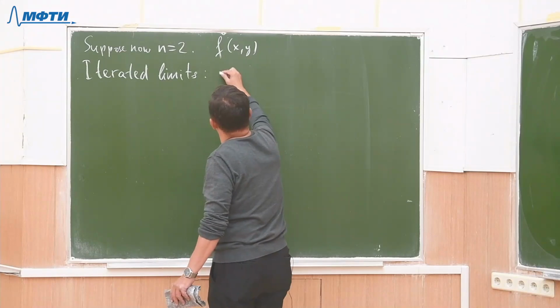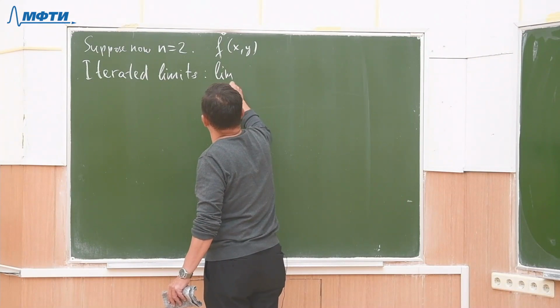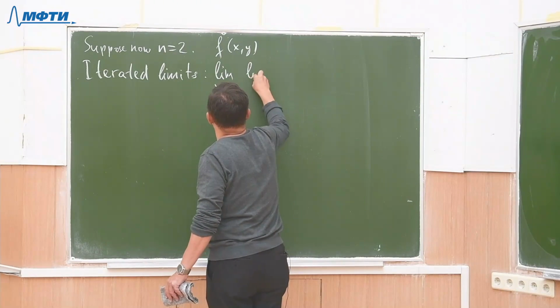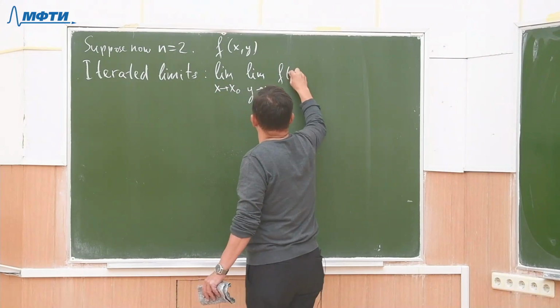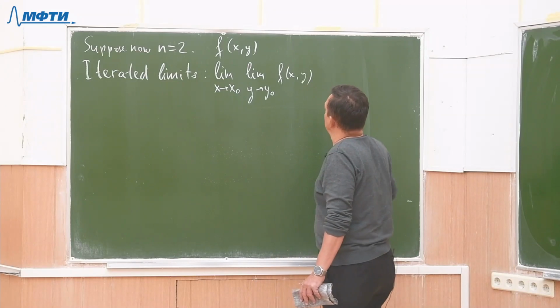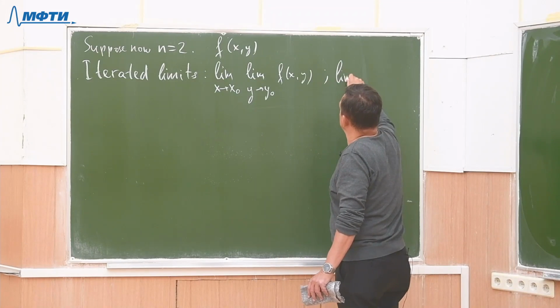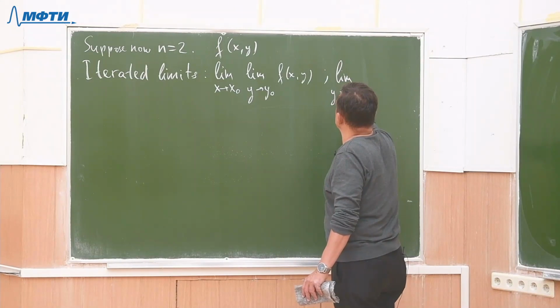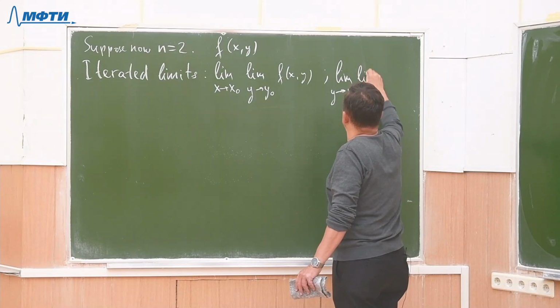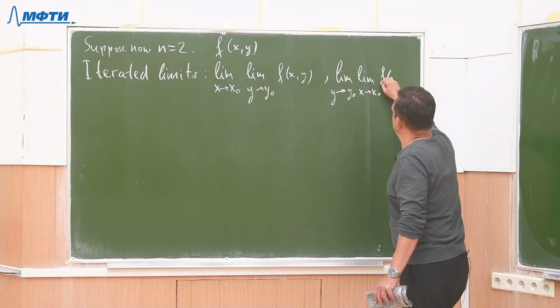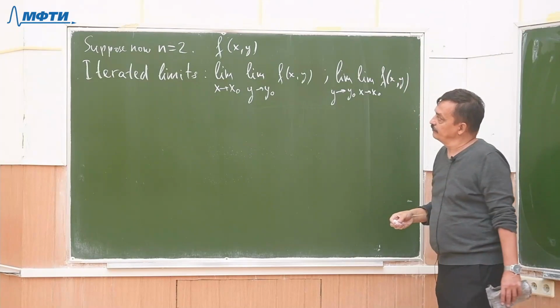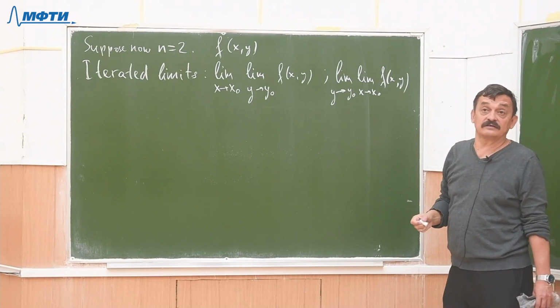For example, limit as x tends to x naught of the limit as y tends to y naught of f of x, y, and also the limit as y tends to y naught of the limit as x tends to x naught of f of x, y. These are iterated limits, right?